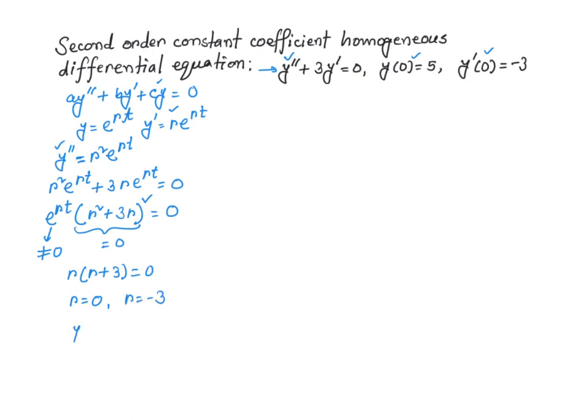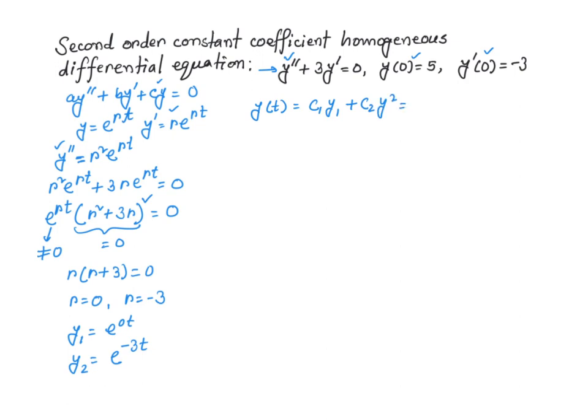So my solution y1 is equal to e to the power 0t and y2 is equal to e to the power negative 3t. All right. So e to the power 0t is just 1, right?